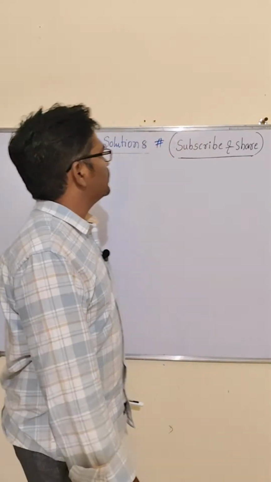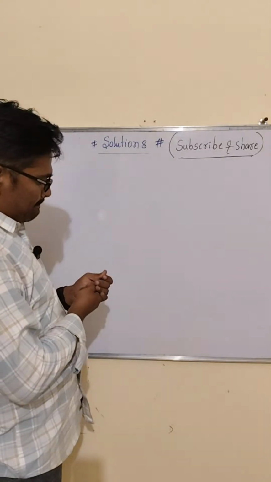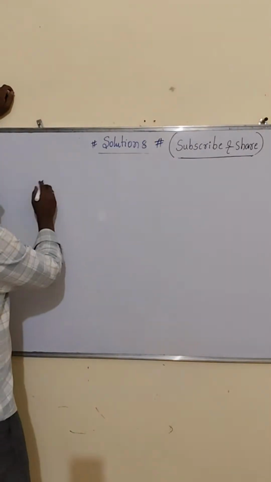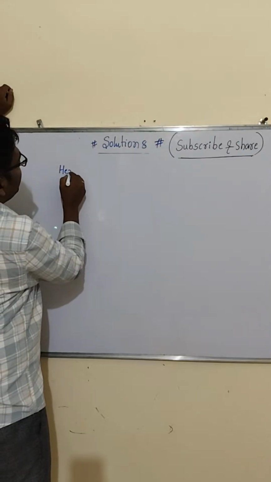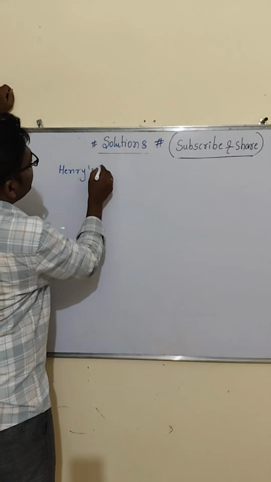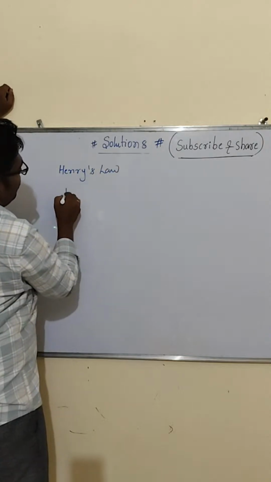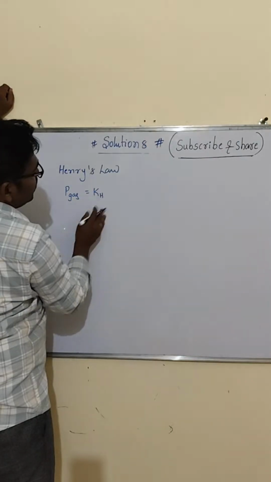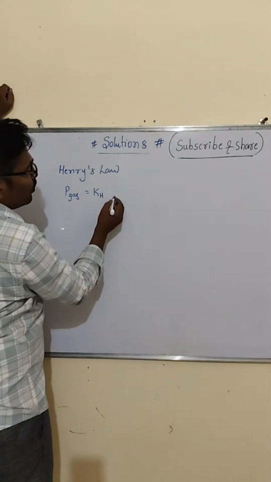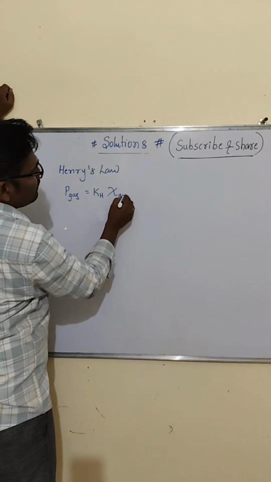So look here. Based on Raoult's law, I told, and then based on Henry's law. Henry's law says that the partial pressure of the gas equals kH into the mole fraction of the gas.